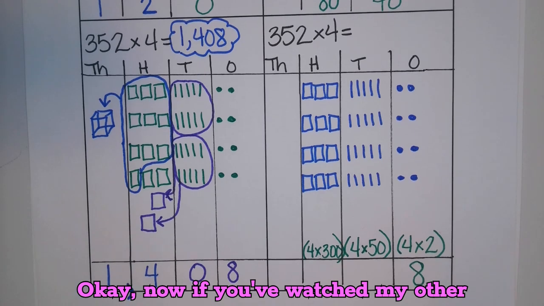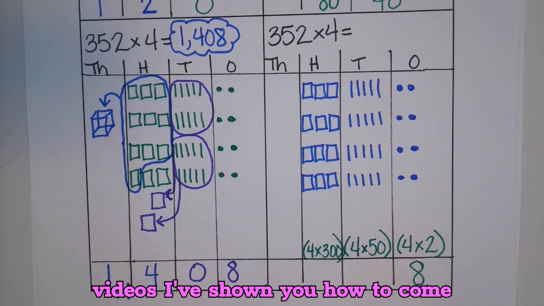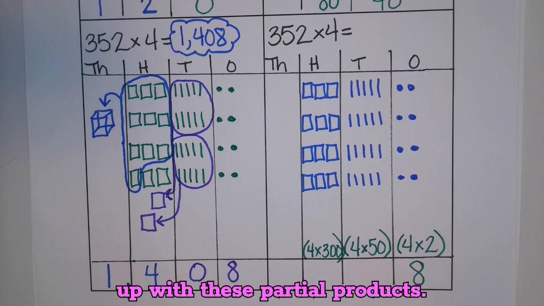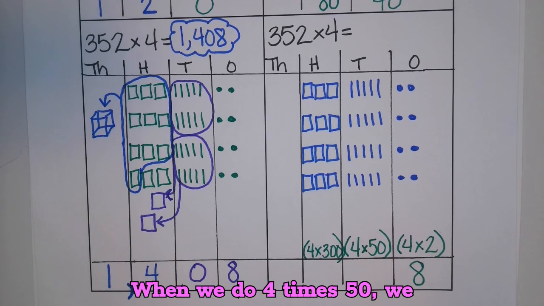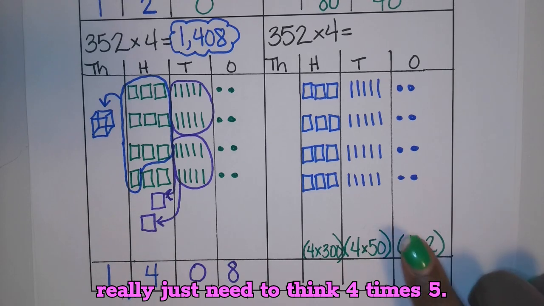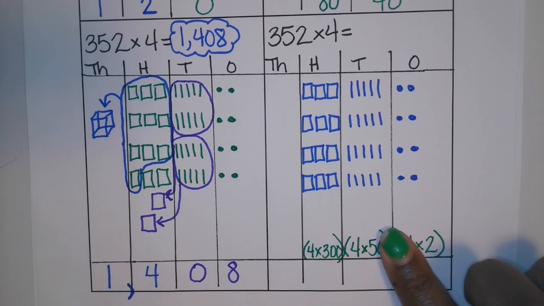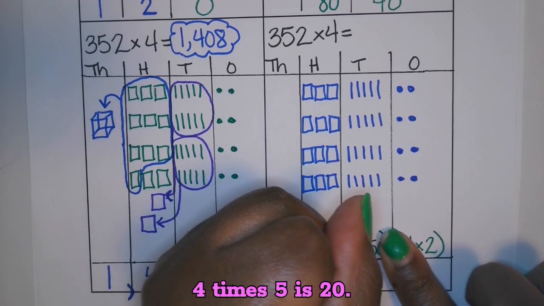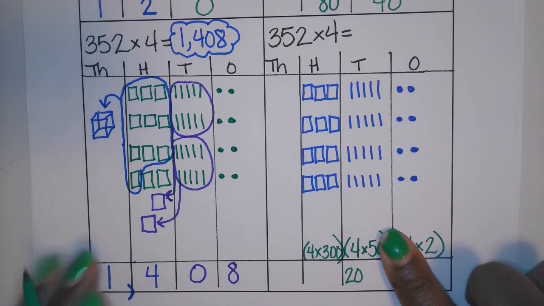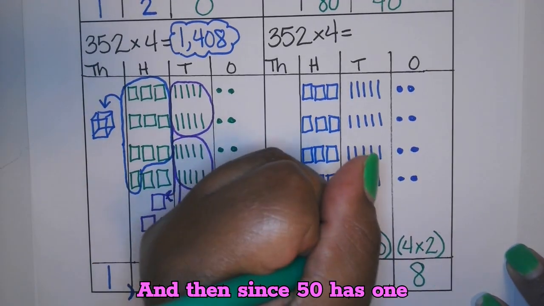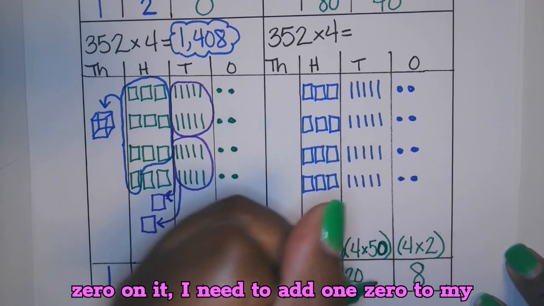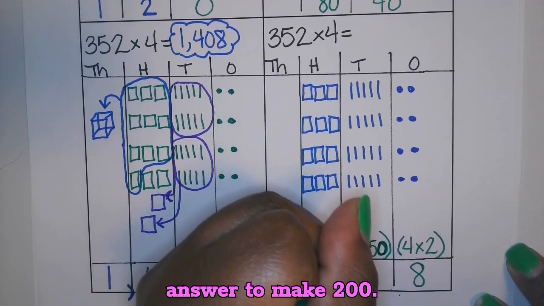Okay, now if you've watched my other videos, I've shown you how to come up with these partial products. When we do 4 times 50, we really just need to think 4 times 5. 4 times 5 is 20. And then since 50 has 1 zero on it, I need to add 1 zero to my answer to make 200.